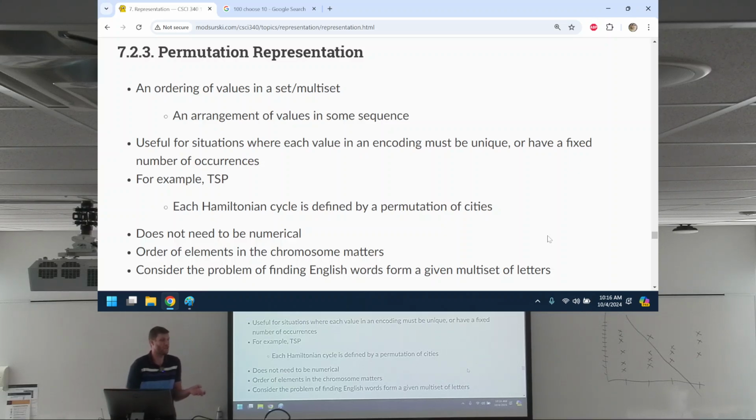I could have had a permutation of anything. I just used an integer to represent city 0, city 1, city 2. I could have literally called them Halifax, Antigonish, Toronto. I just needed a permutation of these cities. The fact that I labeled them with integers was entirely meaningless. It didn't have any value. It was just an easy thing to do.